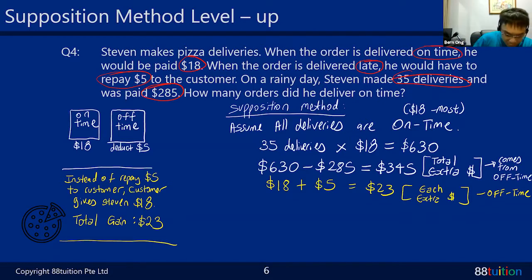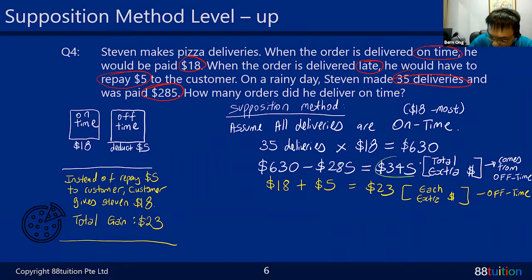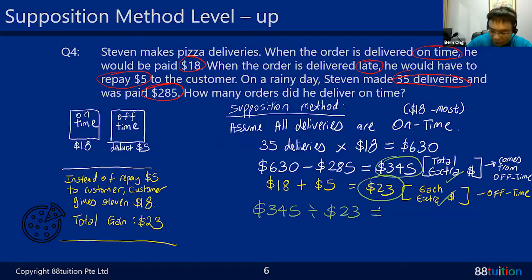So once again, you compare the extra with the extra. That is fair. So inside my 345, how many $23 are there? So $345 must divide by $23. How many are there? If you divide, there will be 15. And all this extra comes from the off time.